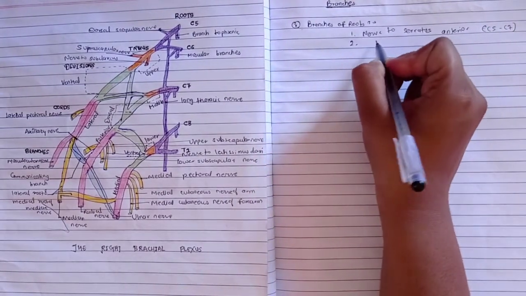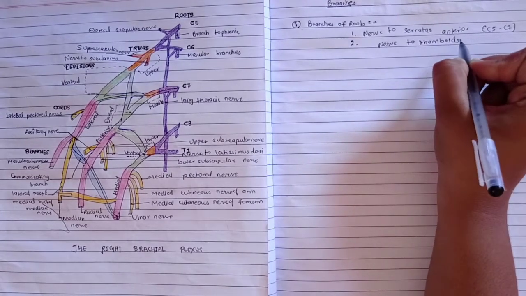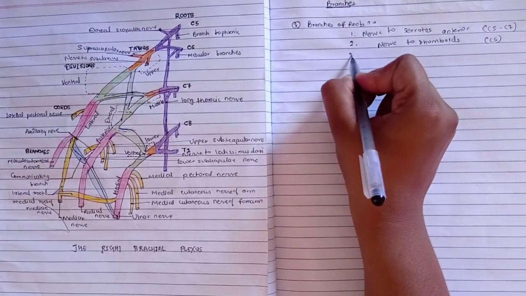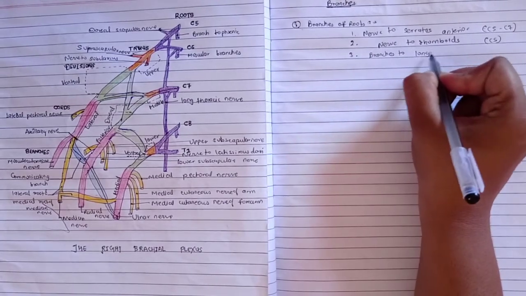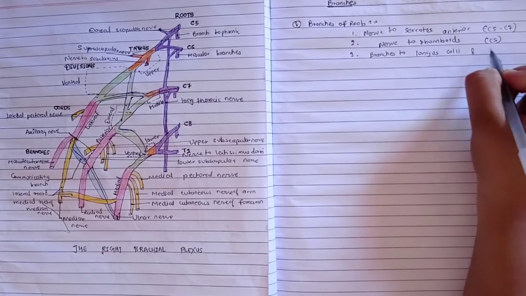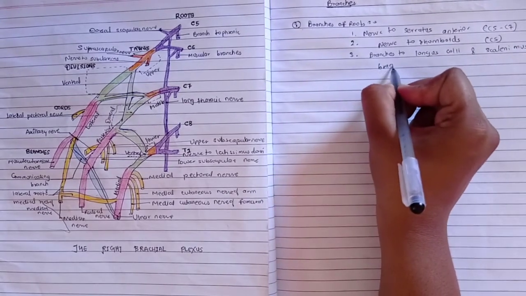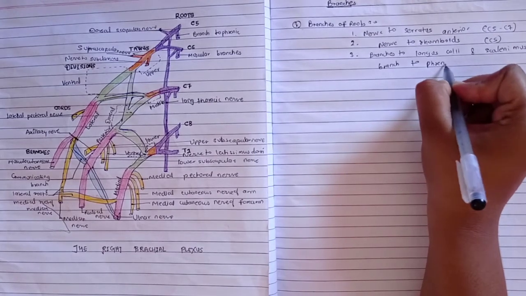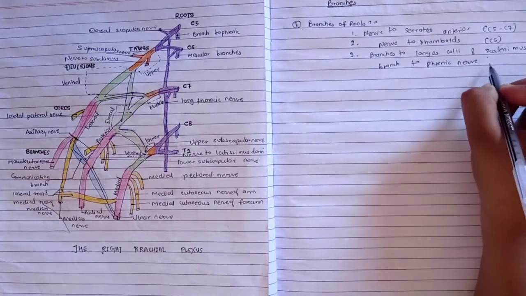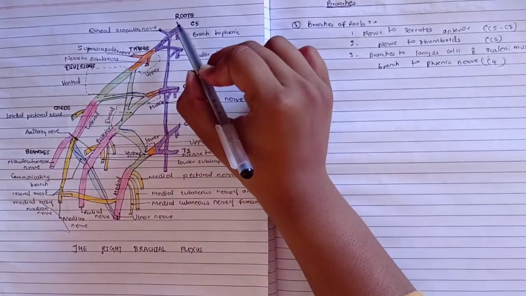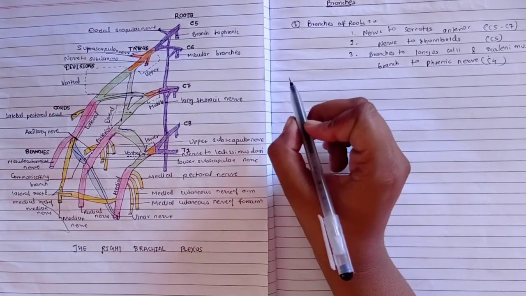Then second is nerve to rhomboids, and the third is branches to longus colli and scalene muscles, and a branch to the phrenic nerve. So these are the branches of the roots.